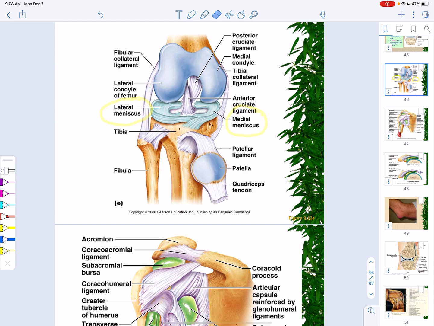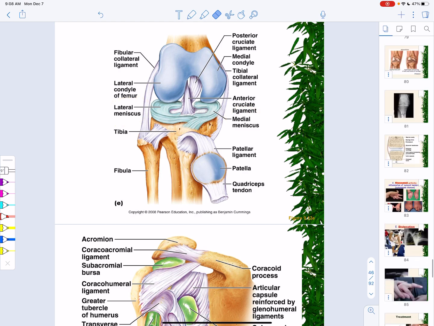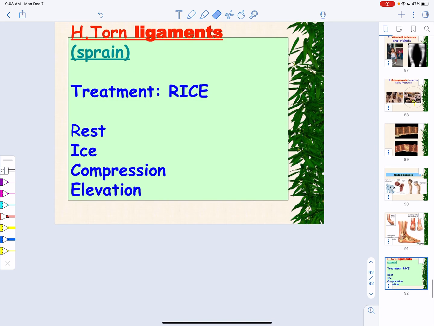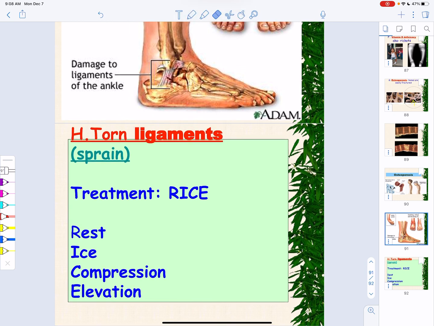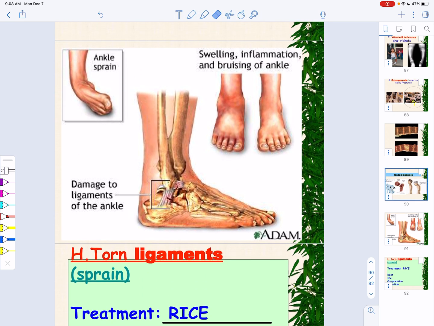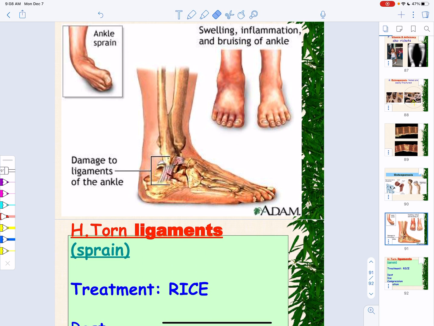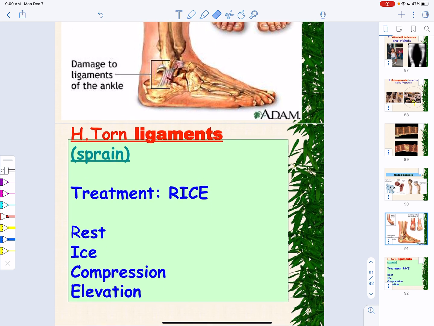All right, and if you tear any of those or if you strain any of those, then you need to treat it with RICE. And I love that people always ask me about the rice thing, because how does rice treat your damaged ligaments? Well, it's not rice. The R stands for rest. You do need to rest it. When you keep using it, it will not heal.